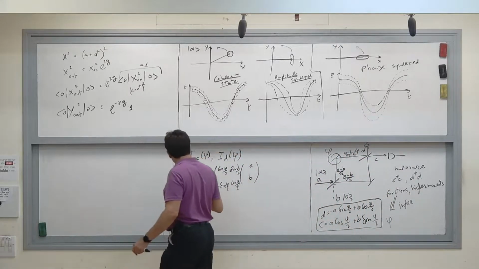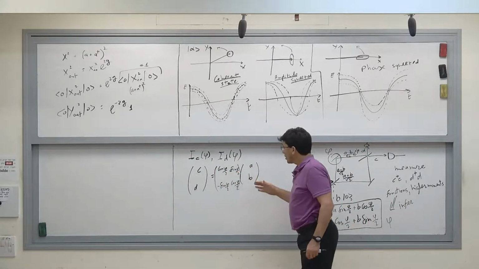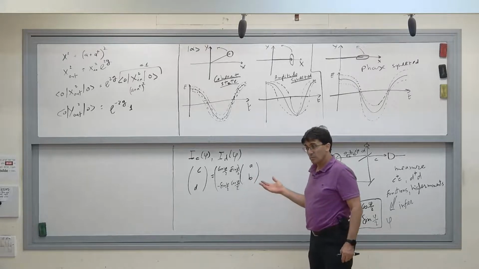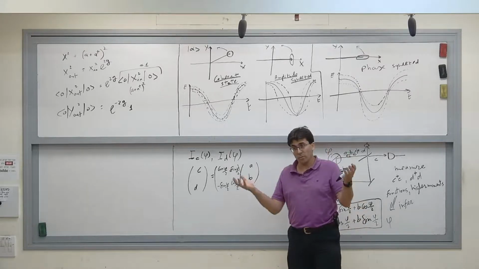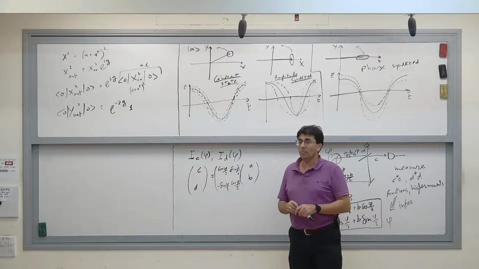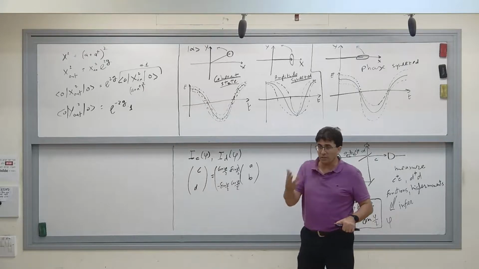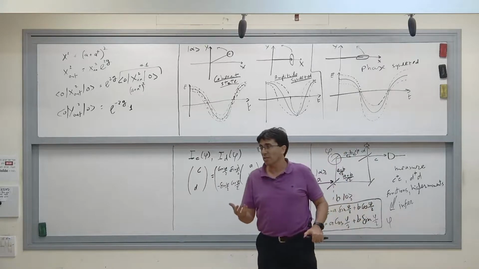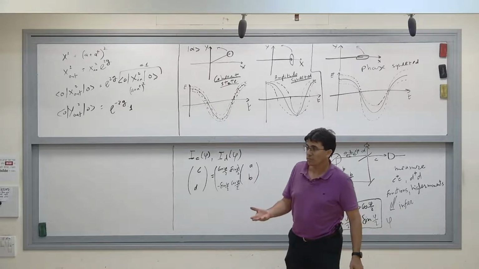So actually, if you think about this, this is basically a beam splitter. The entire interferometer acts like a beam splitter whose reflectivity and transmissivity depend on the phase.